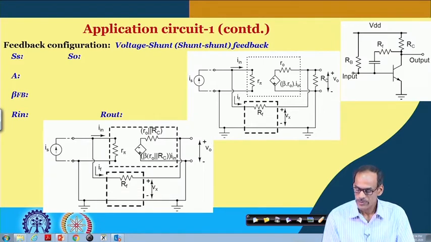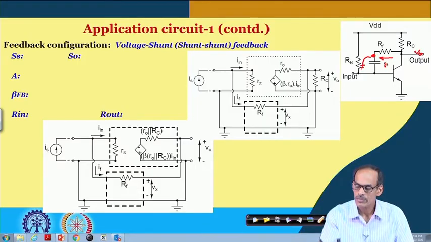So, if you consider the idealistic situation, and this point is connected to, say, ground, the current flowing here is V o divided by RF, if I call this V o.